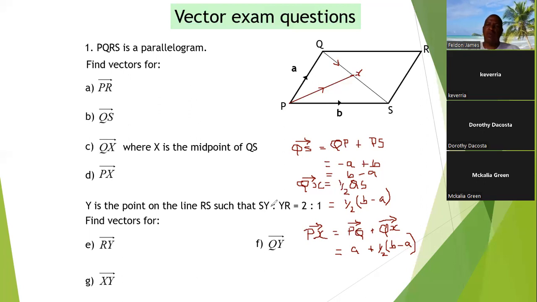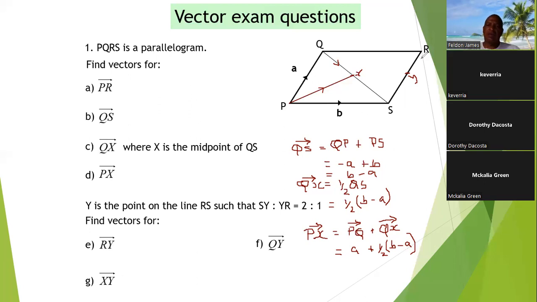That means SY would be the bigger portion, which is 2. So if you put Y right here, this part would be 2 out of, so this would be 2/3 of S, right? So the ratio is that this side is 2 and this side is 1.